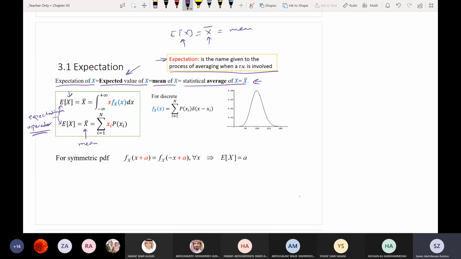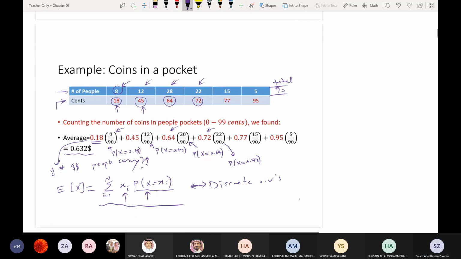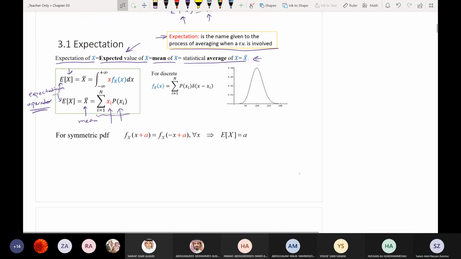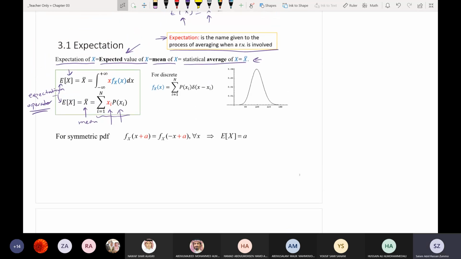So for discrete random variables, the expectation operator works like this. I sum over all values of x, and every one of them I give a weight with its probability, the same as what we did below in the example. For continuous random variables, I will do the same, except that I replace the summation with an integral.